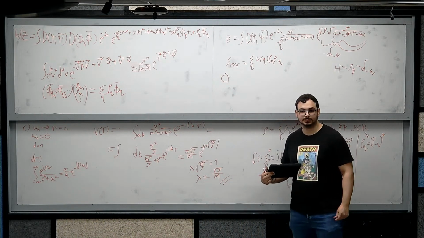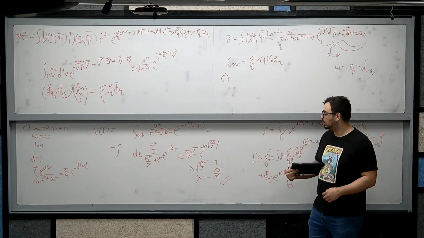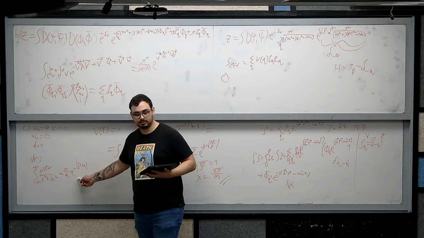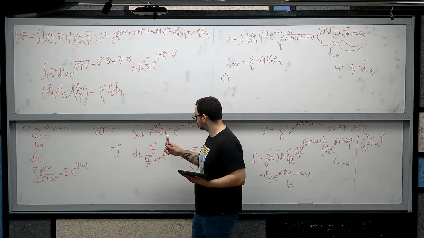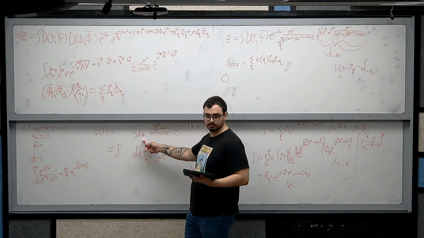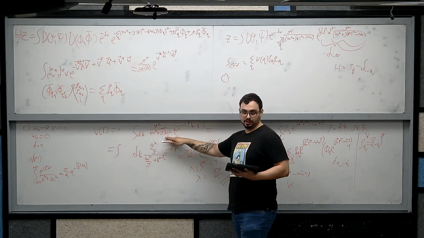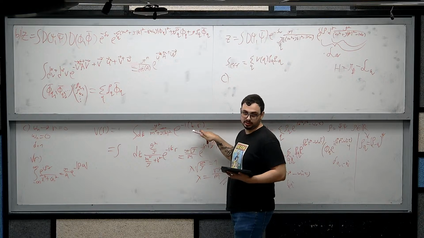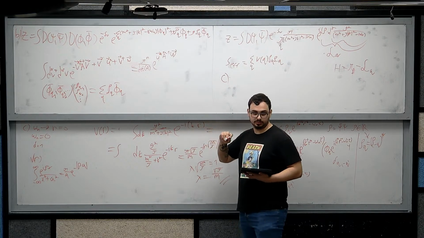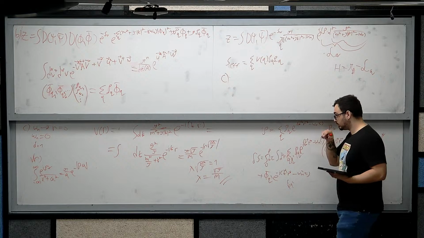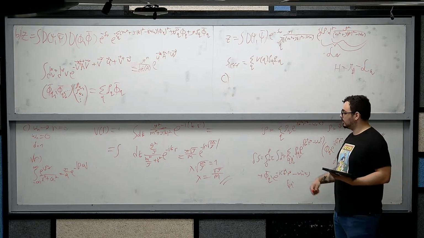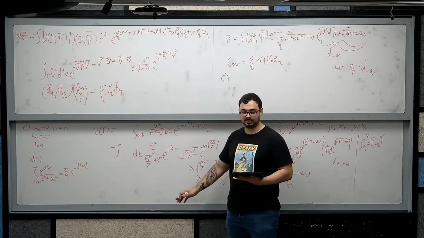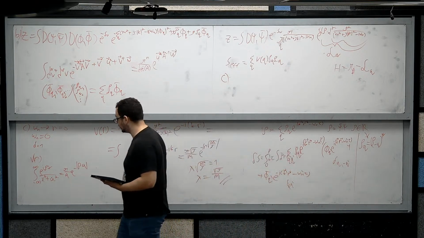Notice this is Vk, so Vk times e to the minus i k r. It's just the reverse Fourier transform. Notice there technically should also be a normalization factor, but again, I'm not dealing with normalization.